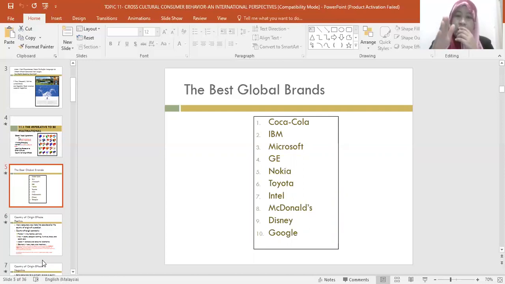If you really look and realize, these 1 to 10 products are all from the US, and they are stated as the best global brands because every customer will remember and know what the product is all about.